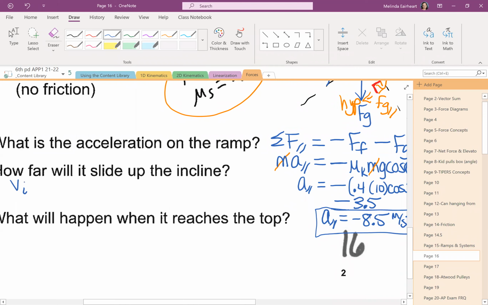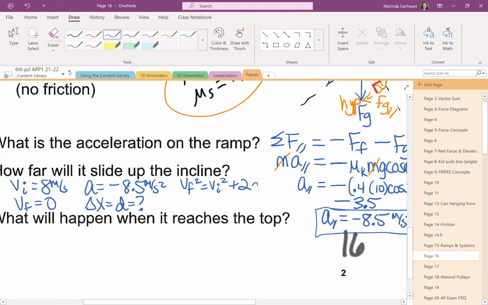And so initial 8 meters per second, final comes to a stop. Now, whether it's a permanent stop or a temporary stop, that's part C. And we know the acceleration is negative 8.5. What equation are we going to use to find D? Third one. And so VF squared equals VI squared plus 2A delta X.